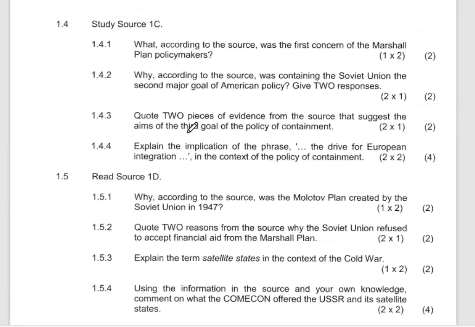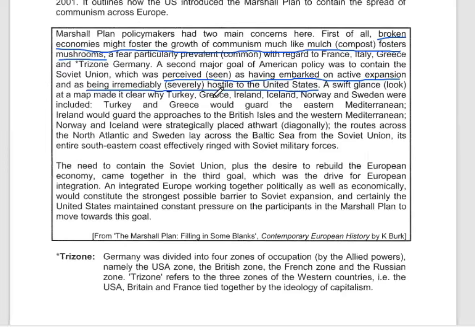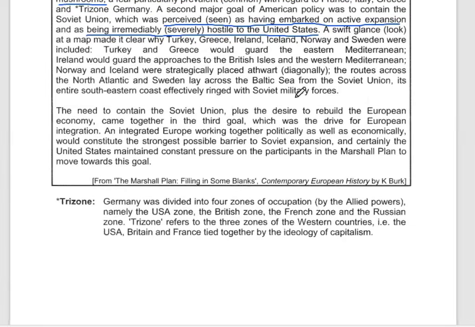Right, the next question is saying, quote two pieces of evidence from the source that suggest the aims of the third goal of the policy of containment. Quote means we are just using the source. It talks about Turkey and Greece guarding the Eastern Mediterranean because of their position.